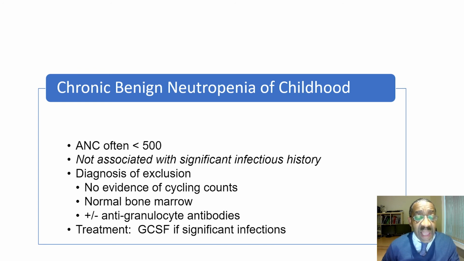There's no suggestion that counts are cycling. Bone marrow looks normal, and in a proportion of patients, anti-neutrophil antibodies are detected. If infections occur, treatment with a neutropenic regimen of antibiotics with GCSF usually is sufficient to overcome infections.